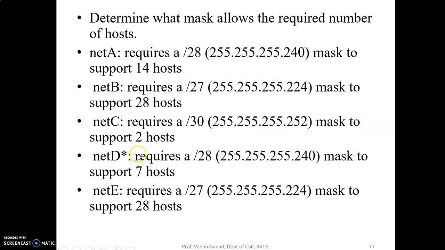So how many bits will I be left with in the network part? 28 bits. Similarly, for 28 hosts, I need 5 bits. The remaining bits in the network part is 27. The corresponding mask will be 255.255.255.224. This is how we configure the network with different subnet requirements.